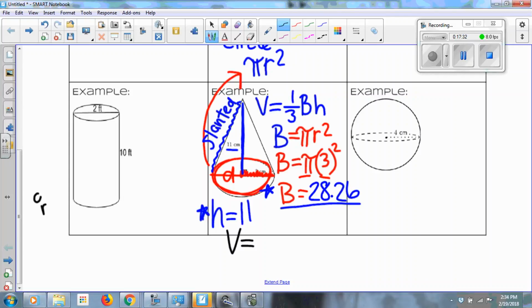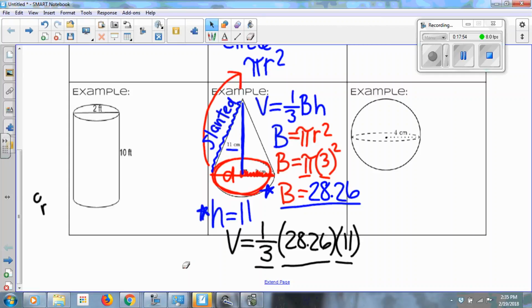Volume, V, equals 1/3 times 28.26 times 11, which is our height. So we have 1/3 times big B times h.